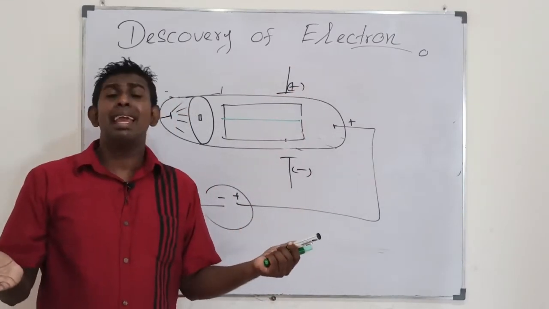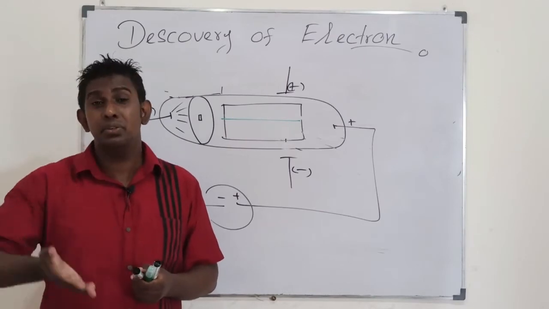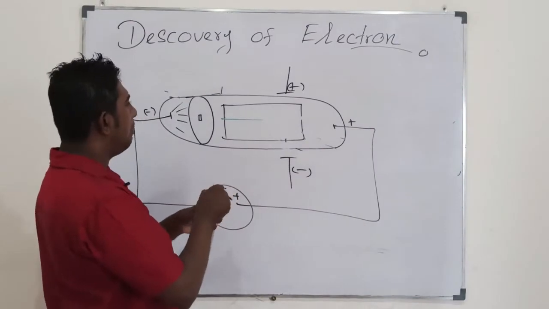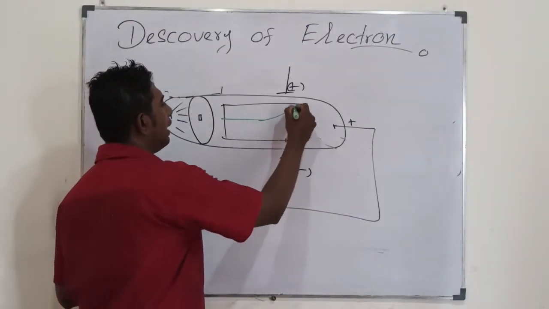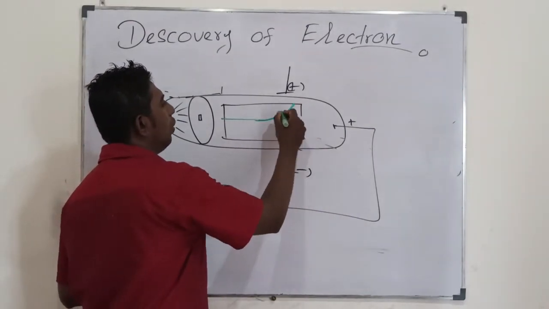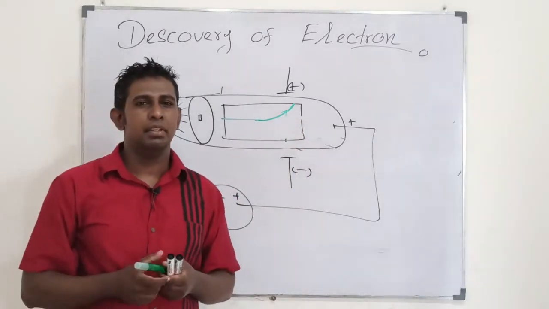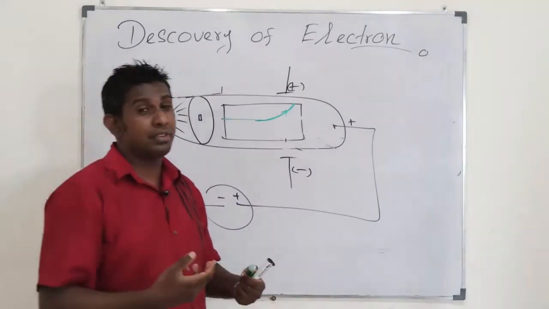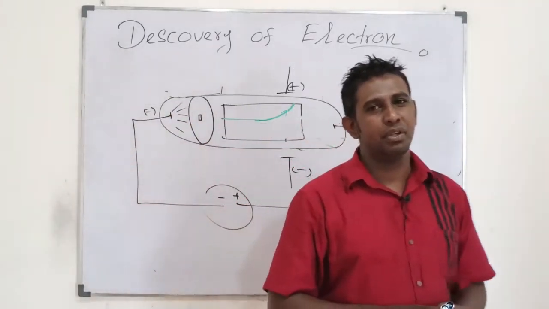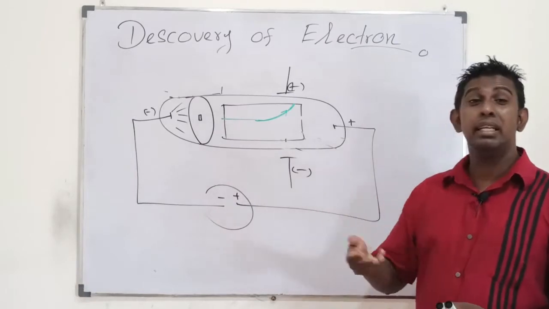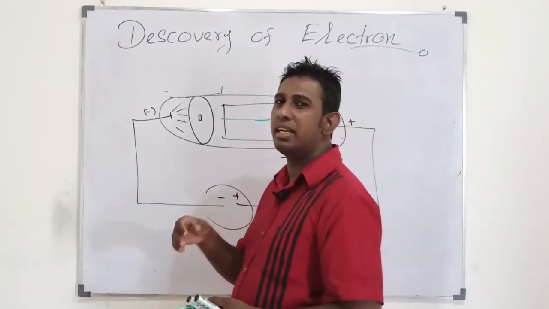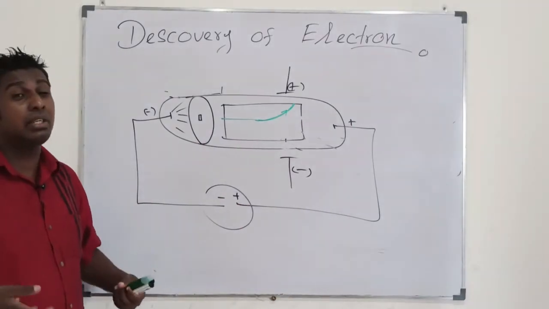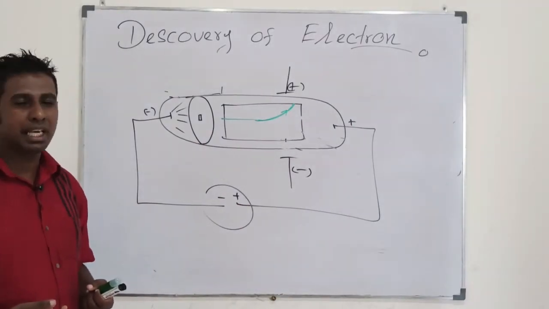When the external electric field was introduced, those cathode rays deviated, bending towards the positive end of the external electric field. That also proved the cathode rays are negatively charged. So far we have revealed cathode rays travel in straight lines, and they have a negative charge. They are negatively charged.